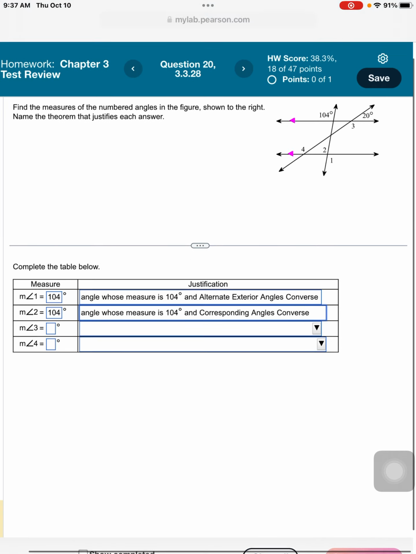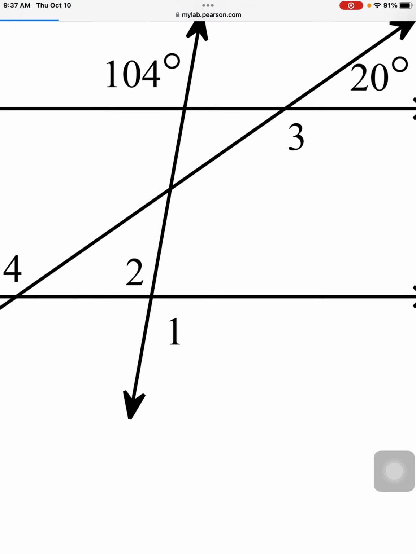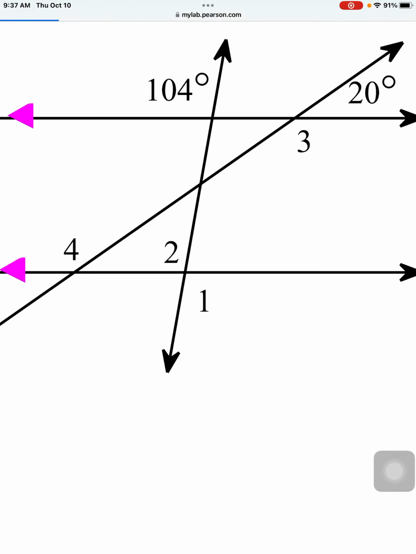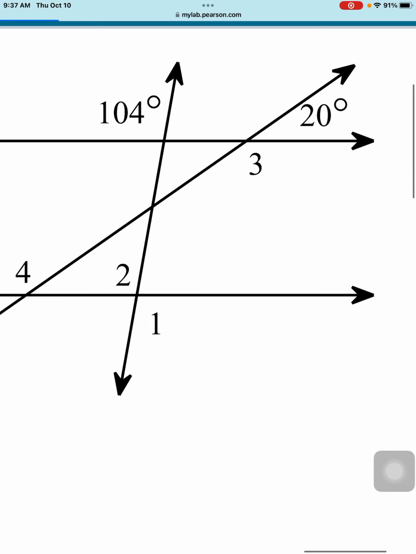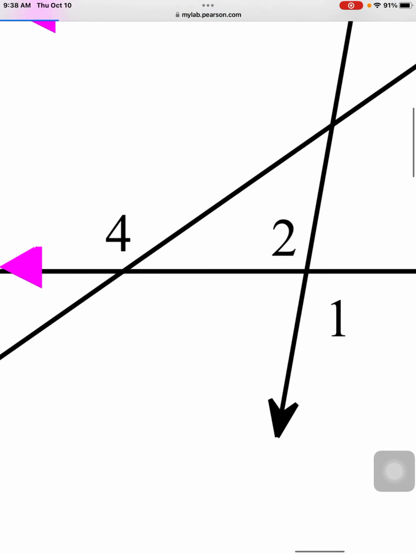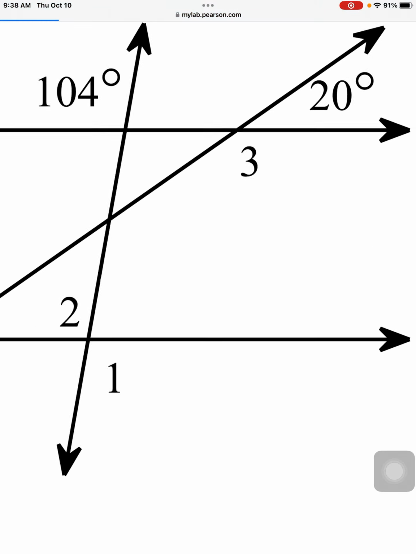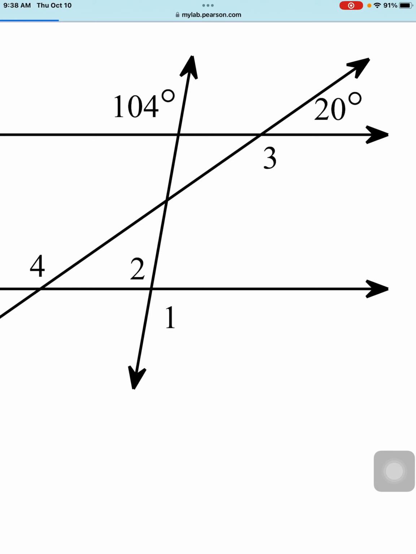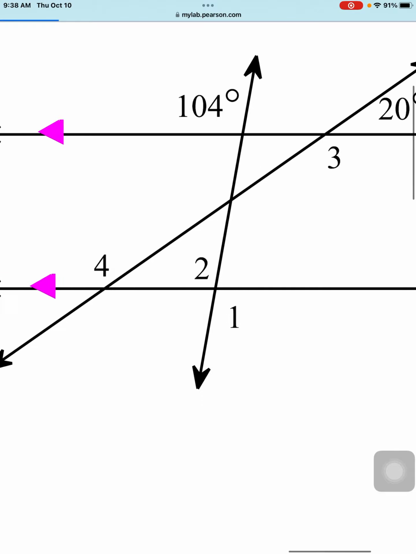Corresponding. Cool. Okay, now measure angle 3. How do I know measure angle 3? Well, is measure of angle 3 now on this vertical transversal? No, it's on the diagonal transversal. So now I'm actually looking at my 20. I'm looking at my 4. So now, what's my measure of angle 3? Well, it looks like it would be the measure of angle 20, the angle whose measure is 20, and what theorem?